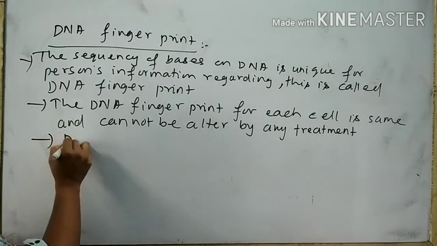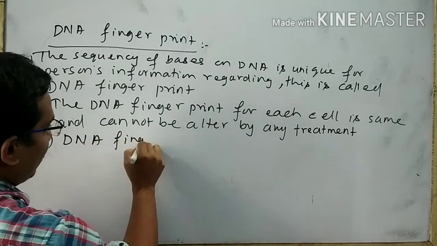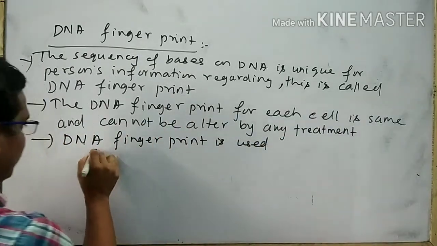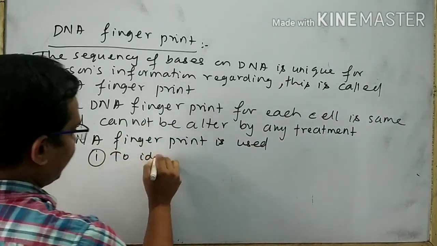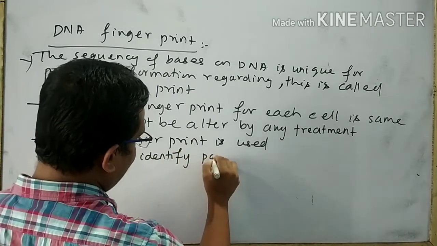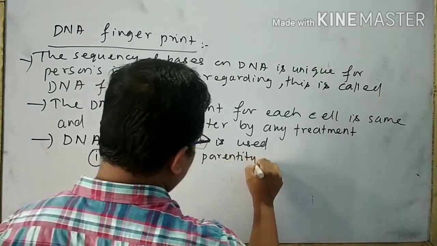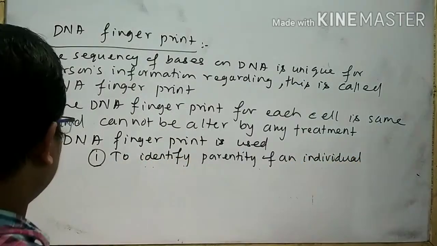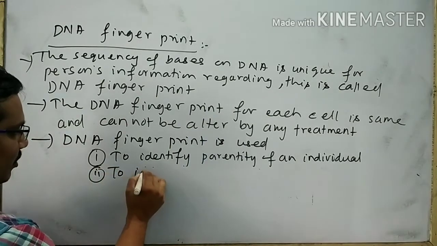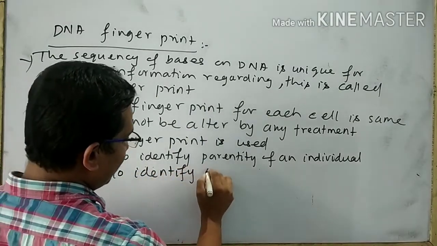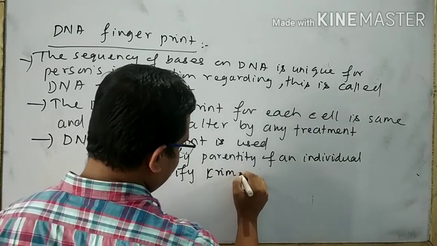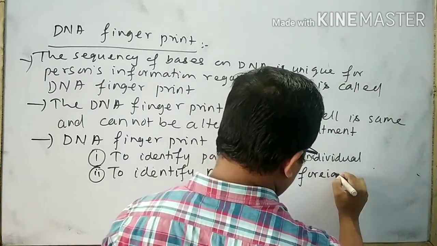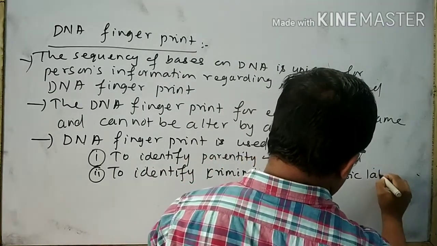So you can write: DNA fingerprint is used, number one, to identify the parentage of an individual. Number two, to identify a criminal by forensic laboratory test.